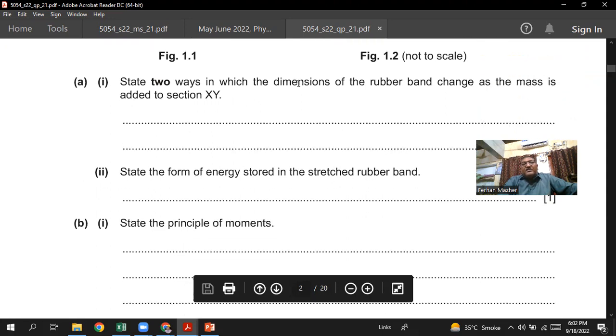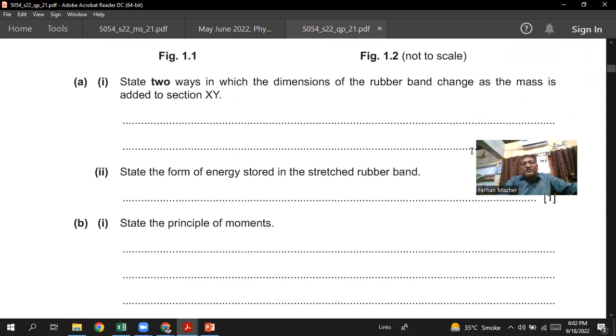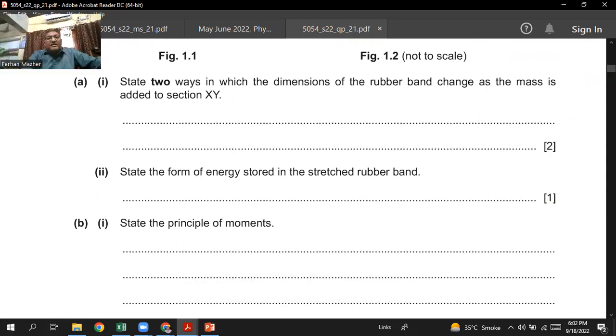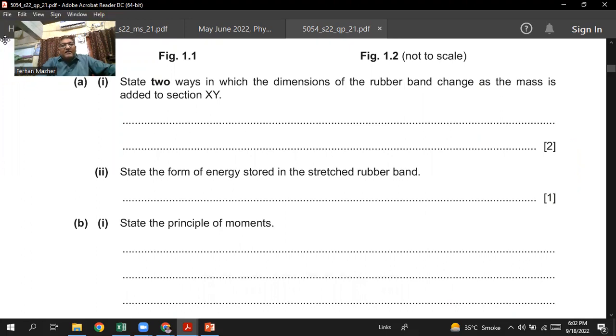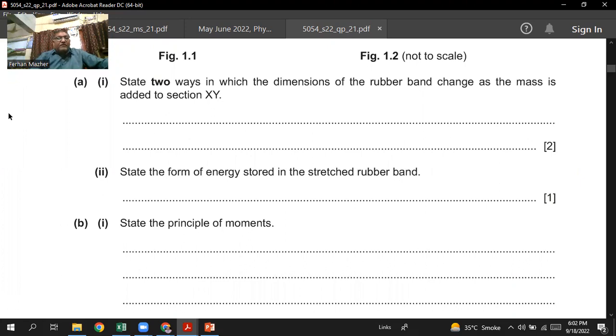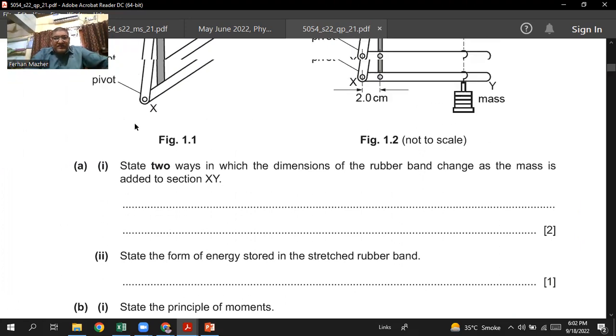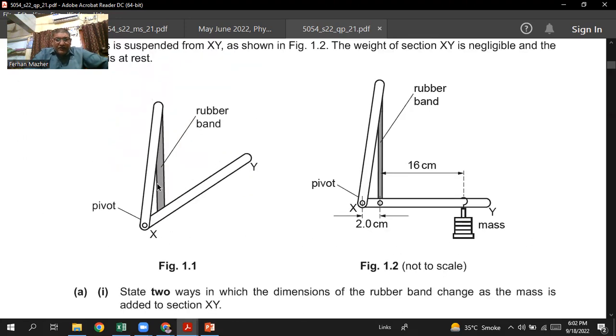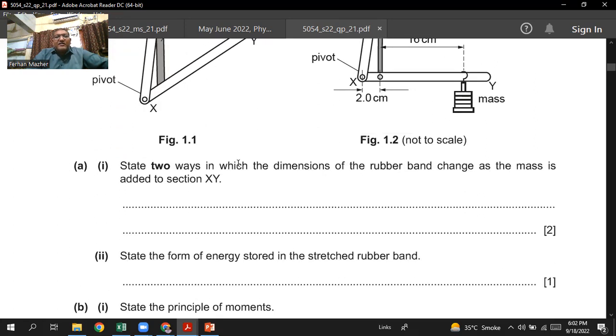The first question, which is of, I think, 2 marks. The question is, state 2 ways in which the dimensions of the rubber band change as the mass is added to the section XY. You can see the length of the rubber band has increased and the thickness of the rubber band has decreased.